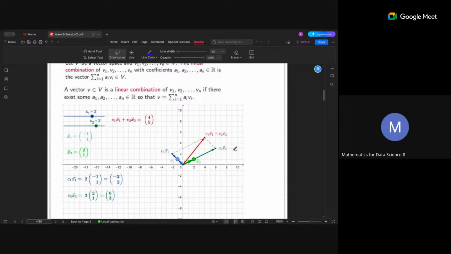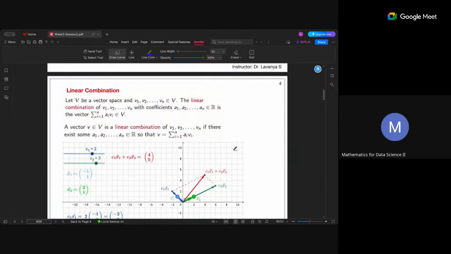There is nothing new in linear combination. Instead of simply adding the vectors, we are adding the scalar multiplied vectors. That is linear combination. So this is a linear combination of x1 and x2.